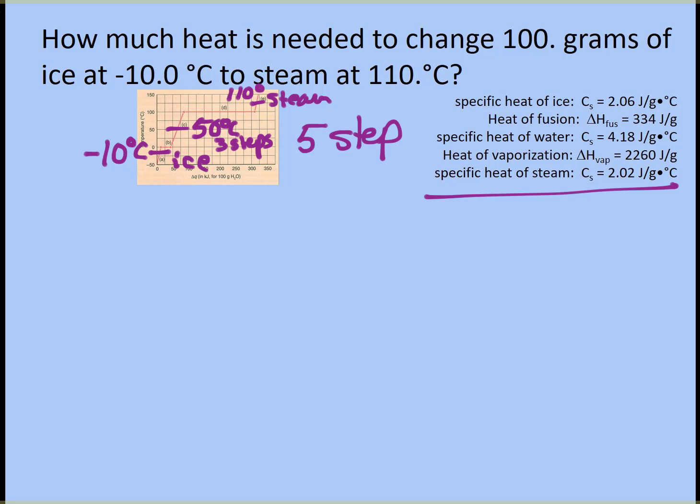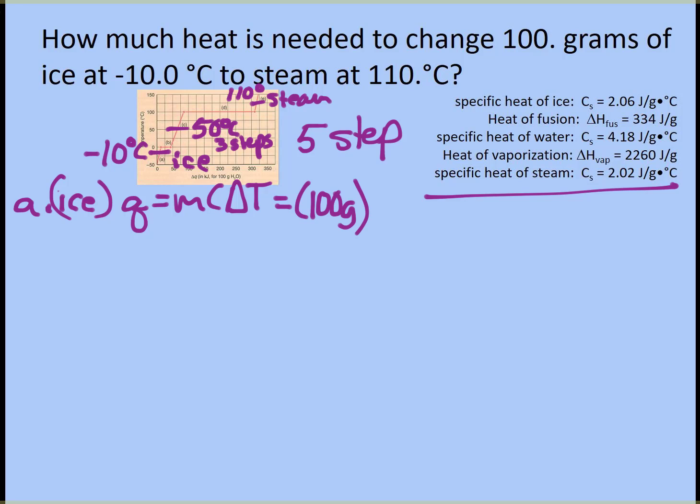All right, let's start off with area A. Area A, this is where I'm at ice. I'm going to write my formula, Q equals mc delta T, and then put in what I know. The mass of my ice is 100 grams. I'm at area A, so my specific heat for ice is going to be 2.06. I'm just going to jot down my units so that I can see that they will cancel.